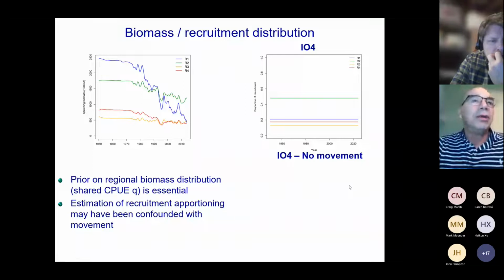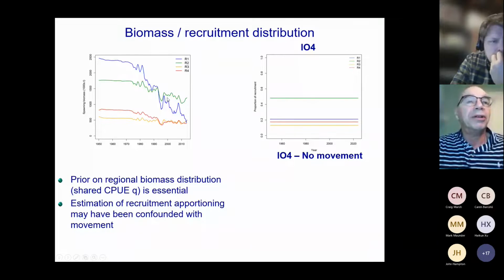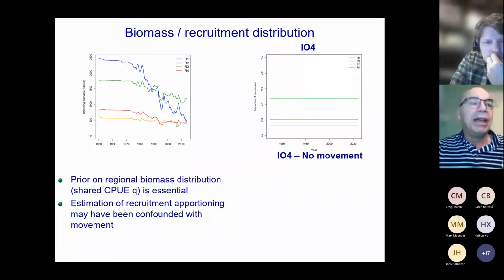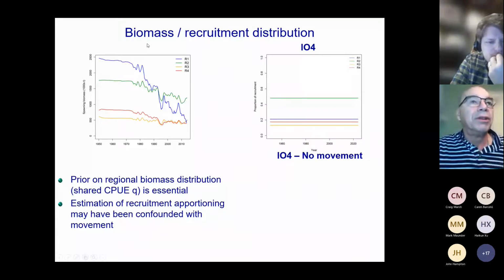We see the biomass time series, we see the steepest decline in biomass in region 1, which is where most of the catch has been. And we see the lowest and flattest biomass trajectory in area 4, which has the least catch. So no surprises there. But the absolute scaling of area 3 and 4 relative to the others is going to be driven strongly by the CPUE constraints.